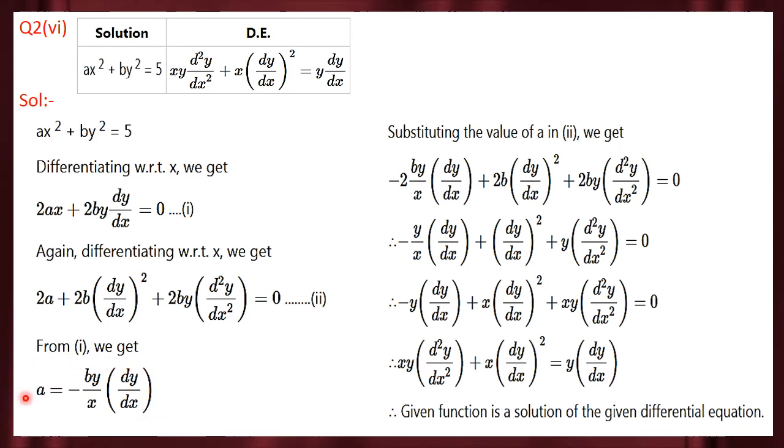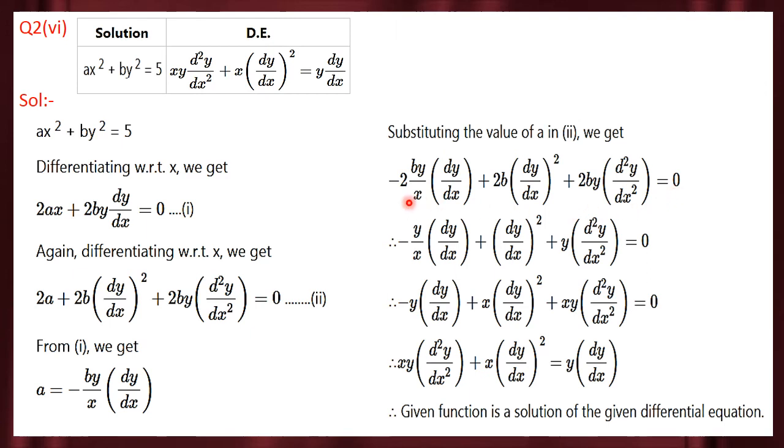Then we will substitute this value of a in equation number 2. Then equation number 2 will become minus 2 into by by x into dy by dx plus 2b into dy by dx the whole square plus 2by into d square y by dx square is equal to 0.